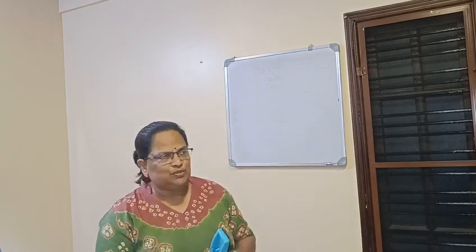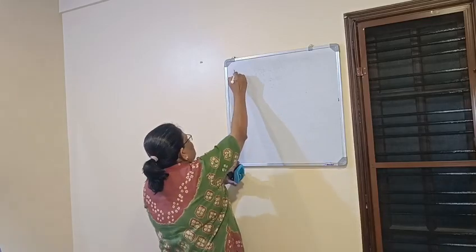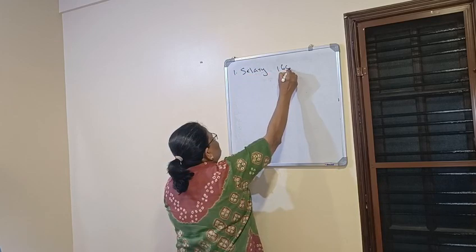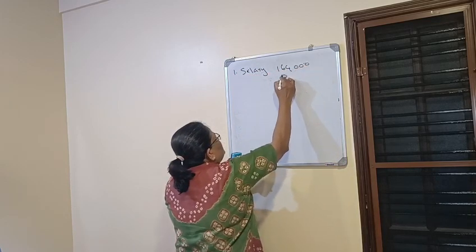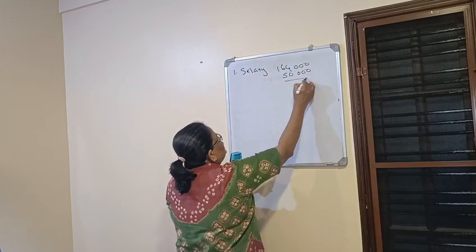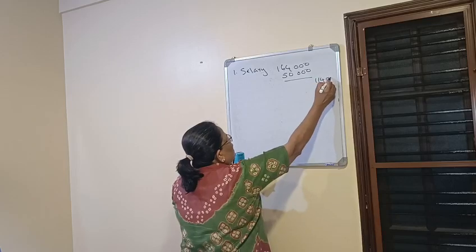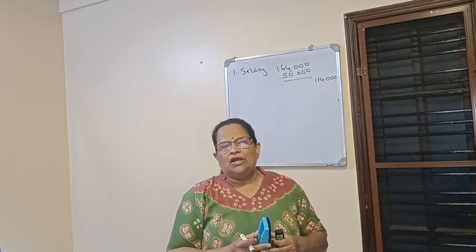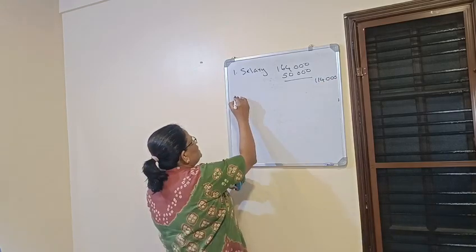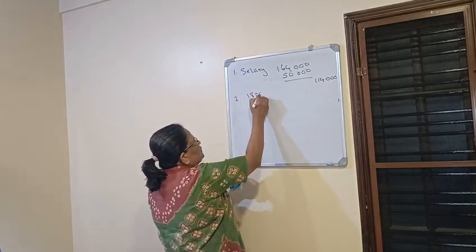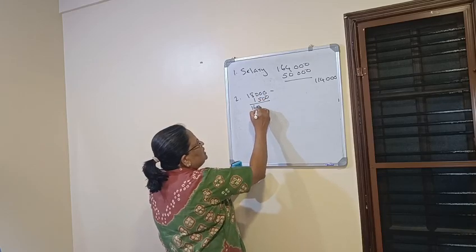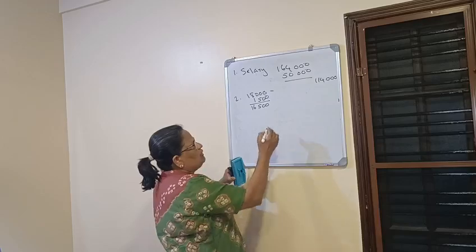First we will do it as per the old scheme. The first one is part-time salary, 1,64,000. Now the standard deduction under section 16, 50,000, you can reduce. So 1,14,000 is the salary. Now income from house property: net annual value 18,000 minus 1,500 municipal taxes, you will get 16,500 net annual value.